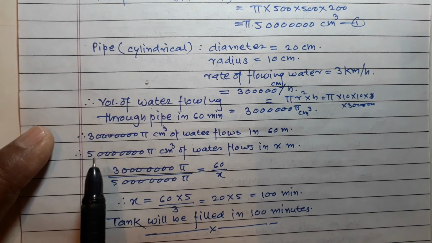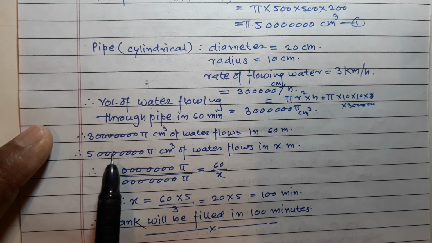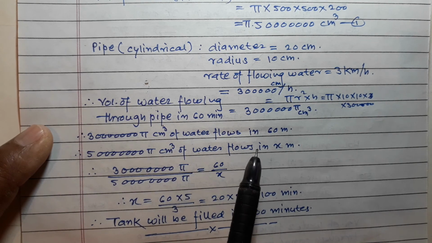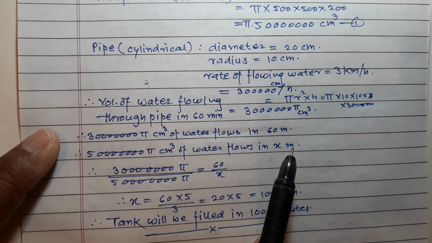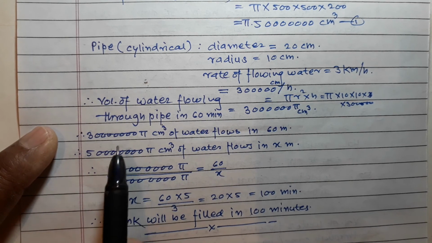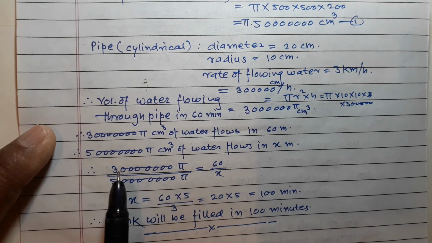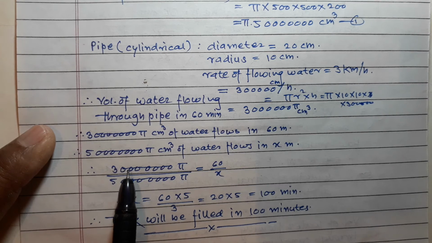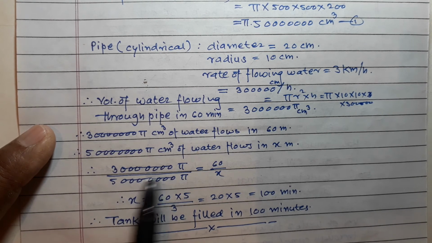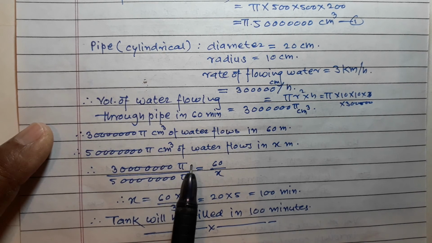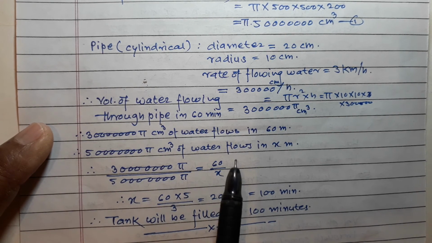So therefore 50000000 pi cm cube of water flows in x minutes. So this is direct proportion. So 30000000 upon 50000000 pi is equal to 60 upon x.